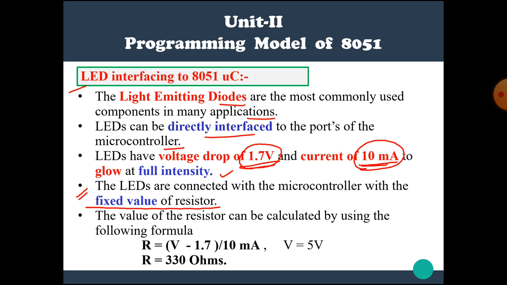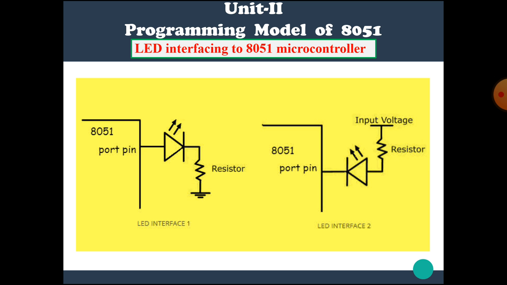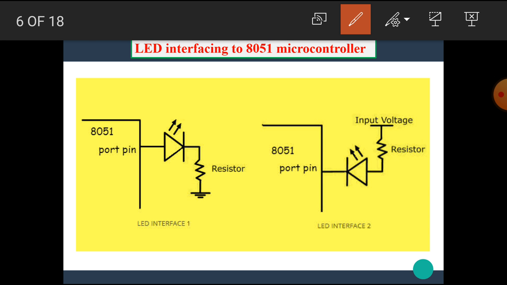Now let's move to our next point, the LED interfacing types. We can interface the LED to the microcontroller by using two techniques, LED interface 1 and LED interface 2. Let's see LED interface 1. In this interfacing, the anode is connected with the pin of the microcontroller and the cathode is connected to the ground through a resistor.